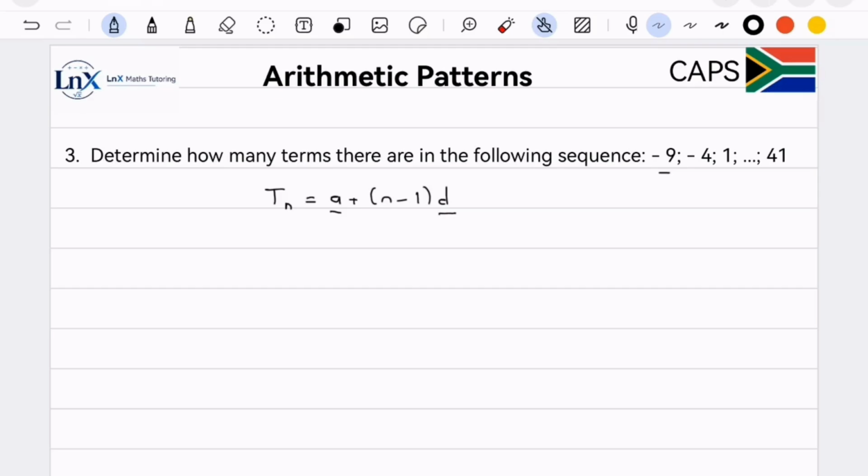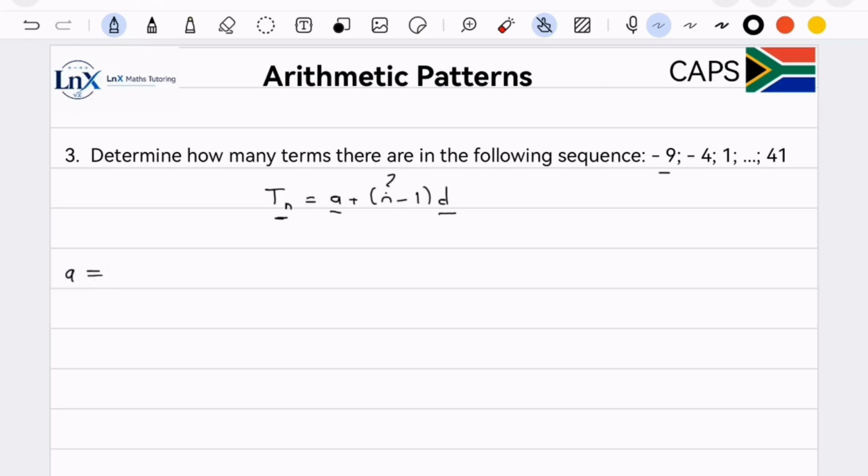Then we also know the value of our last term, which is Tn, but we don't know n, the actual term that results in 41, right? So what we need to solve for is n. So what's in question here? It's n.